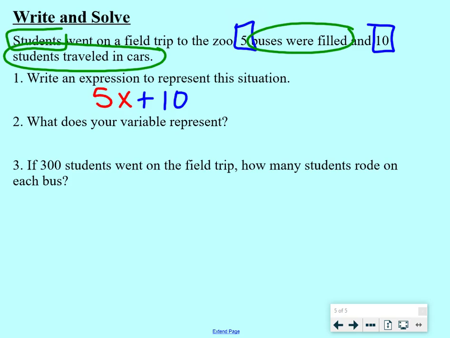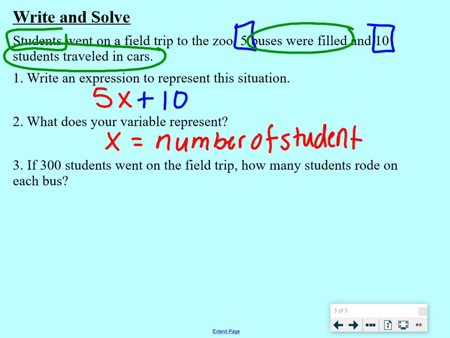Because we want to know how many students are on those buses, but all we know is that we have 5 buses. So then in question 2, what does your variable represent? X is going to be the number of students, and it's going to be particular to the buses. So it's the number of students on the buses.